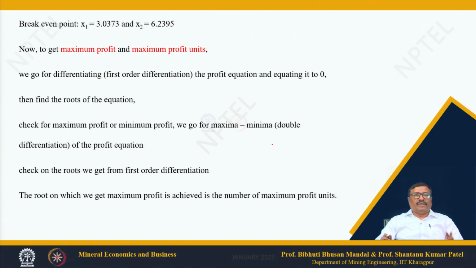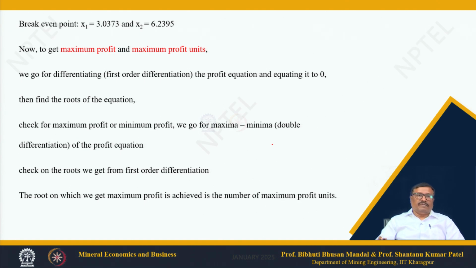To get the maximum profit and maximum profit units, what do we do? We go for first order differentiation of the profit equation, then we equate it to 0 and find the roots of this equation. This is what we have done. Now, check for the maximum profit or minimum profit.